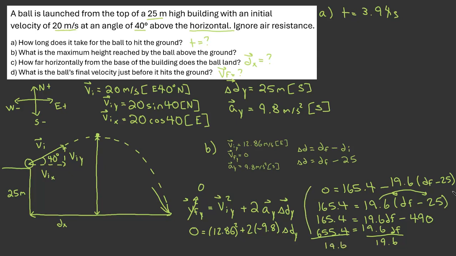And I'll continue up here. I'll get that my df is equal to 33.4 meters. And so that is my maximum height reached by the ball above the ground. So this height here is going to be 33.4 meters. And I'll write our solution up here as well. We could also just call this dm, max height, which is 33.4.